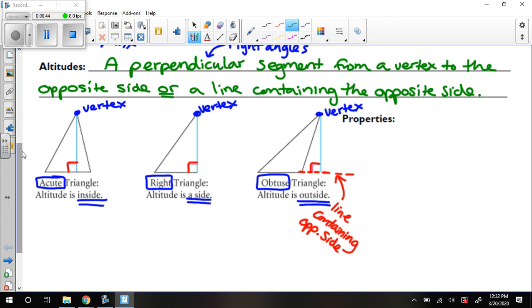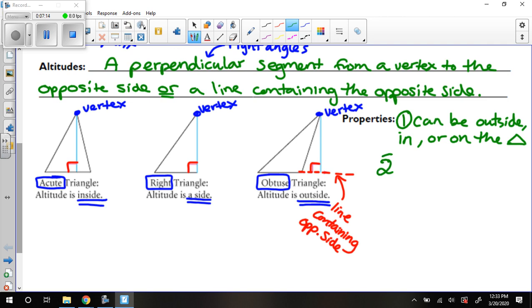Okay, so one of the properties of an altitude is, we kind of just talked about it, it can be outside, in, or on the triangle.